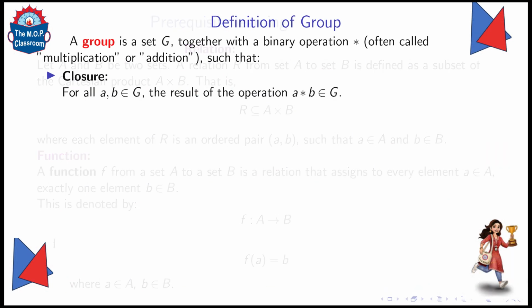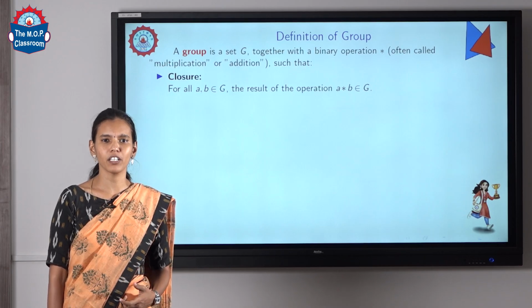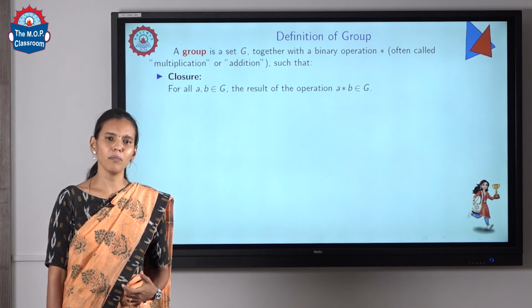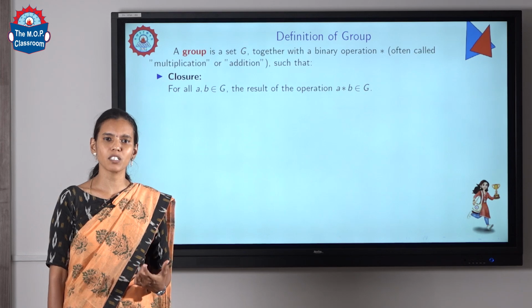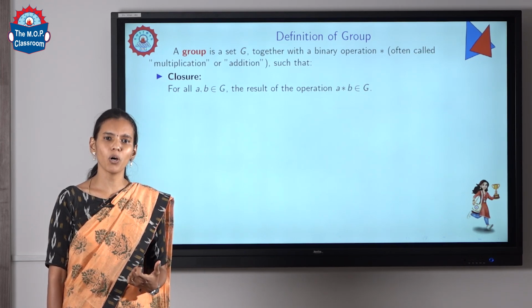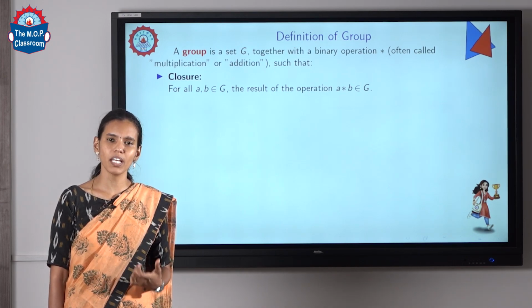Now I am going to give the definition of a group. In order to define a group, we need a set and a binary operation. What do we mean by a binary operation? Binary means we have two elements that are being operated. The basic binary operations are the arithmetic operations: addition, subtraction, multiplication and division.